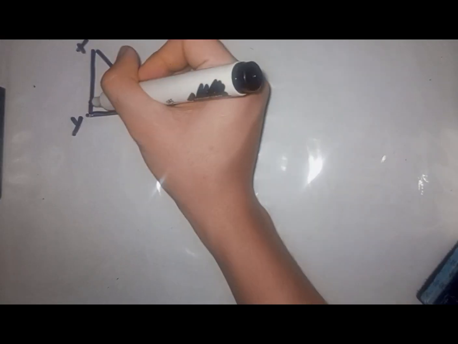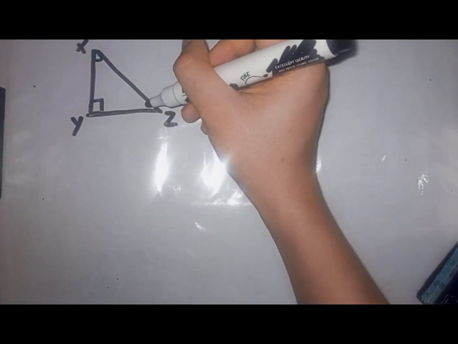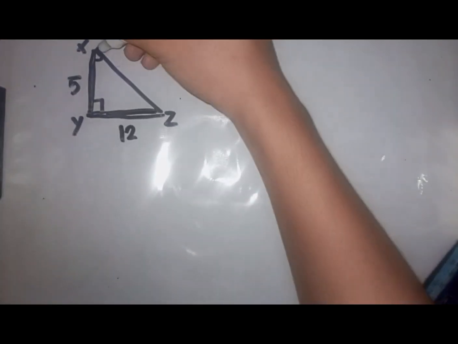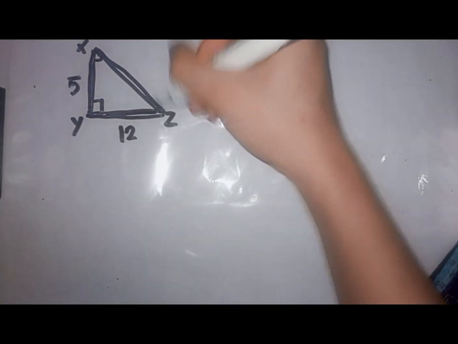We have a right angle at Y. Okay, now angle theta is at X. Side XY is 5 units and side YZ is 12 units and side XZ is 13 units.